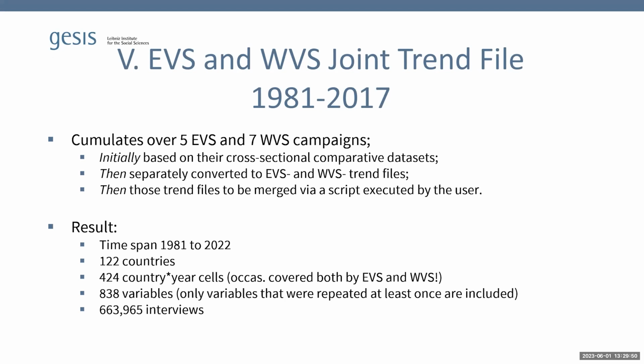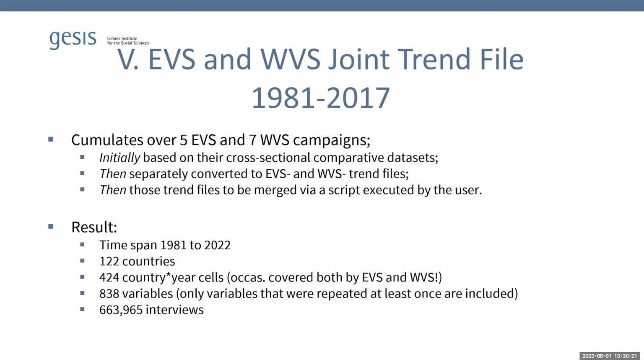The time span is 1981 to 2022 actually, because the 27 is only nominal title. Surveys have been conducted until very recently in both programs. There are more than 120 countries and more than 420 country year cells covered by both together. That is, of course, the reason why these need to be merged.